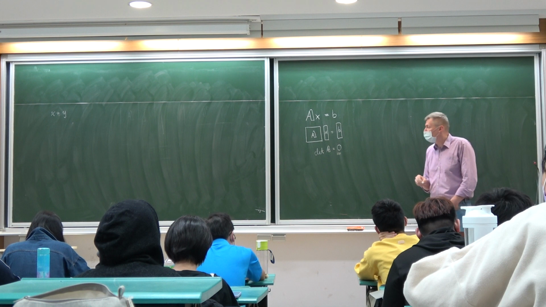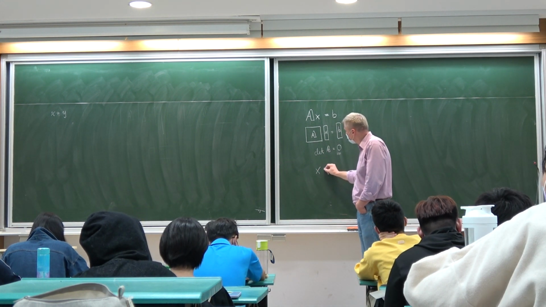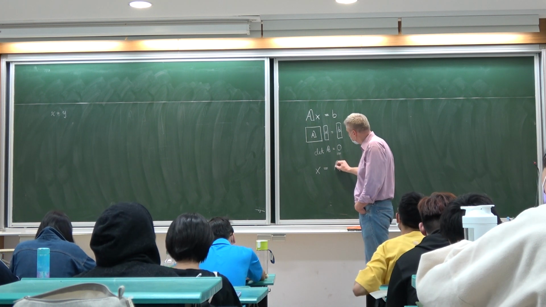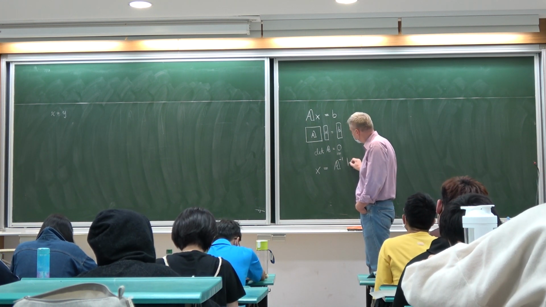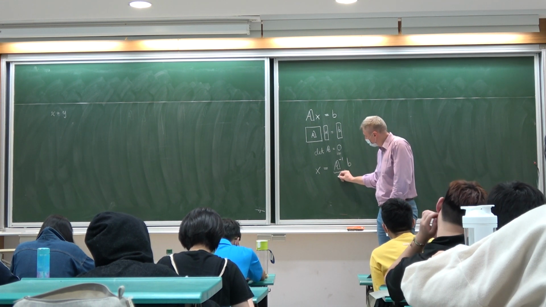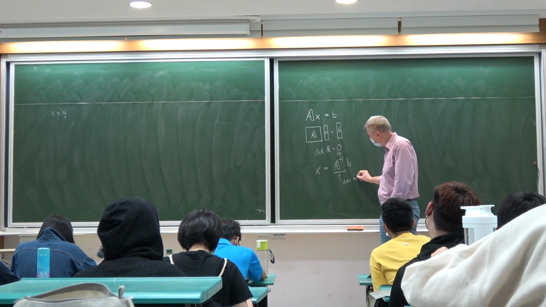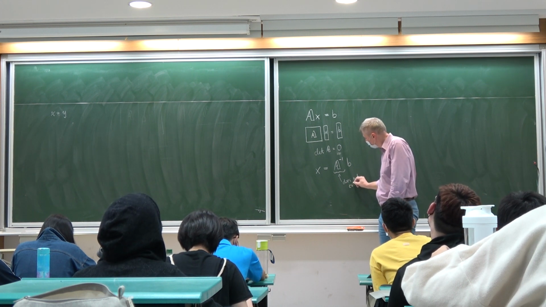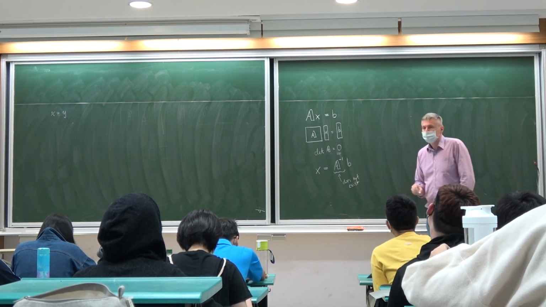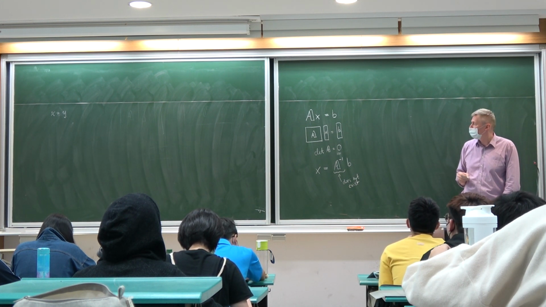In principle, you would be happy to write your x as A inverse times b, but you cannot do that because this doesn't exist. So the question is what you can do.